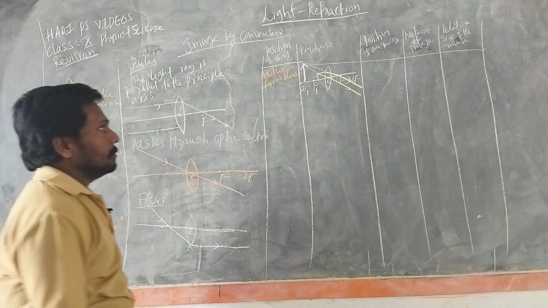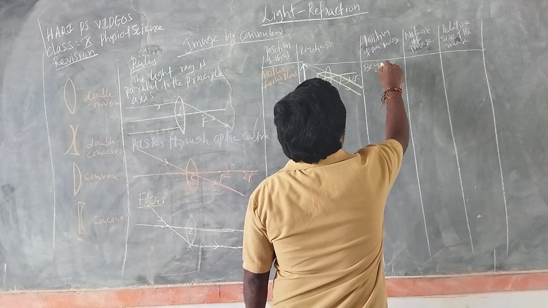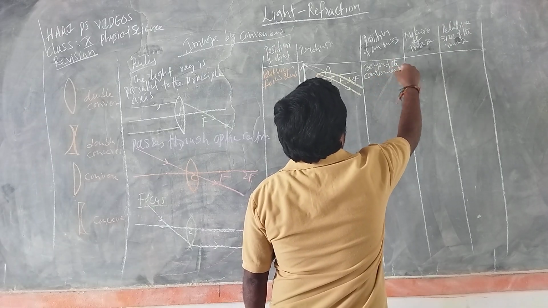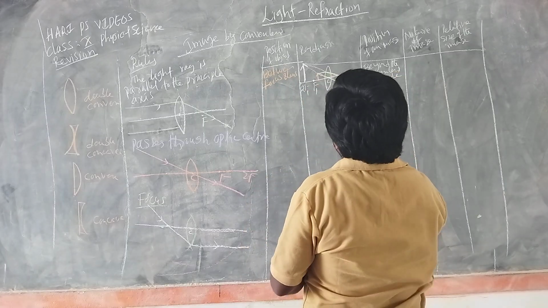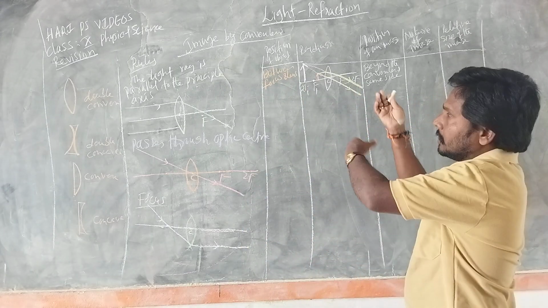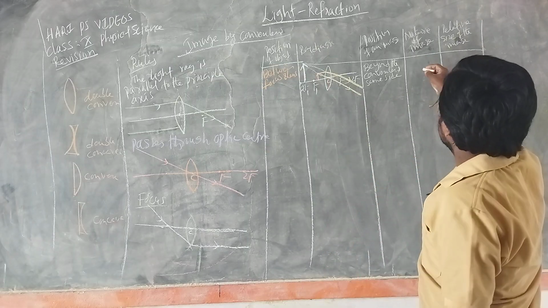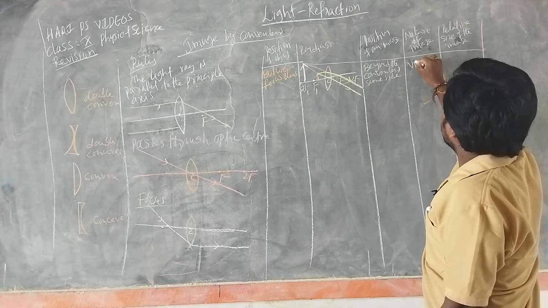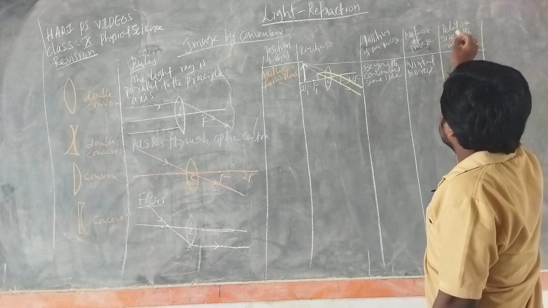So the position of the image is behind the convex lens, on the same side of the object. Nature of the image: virtual and erect.